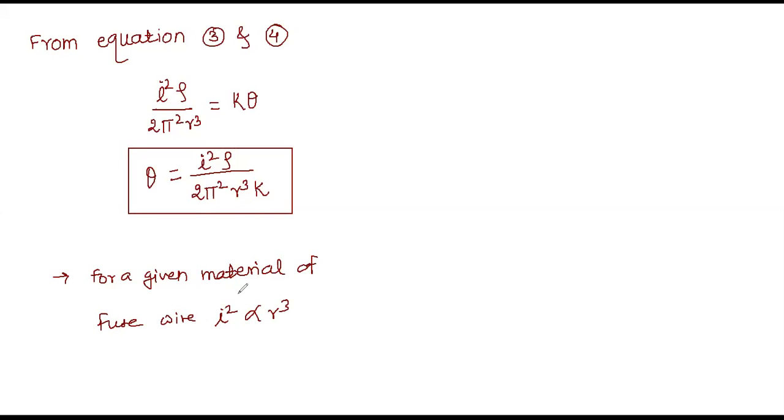Keep it in mind. If the material of the fuse is given, then rho is constant, K is constant, this is also constant, and theta is constant, then I square is proportional to r cube. Let's solve one problem on this.